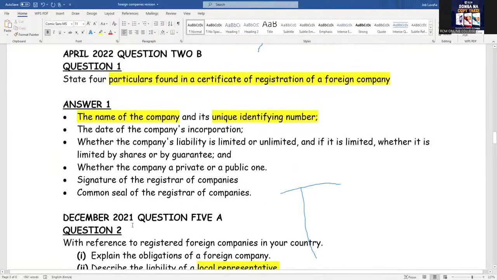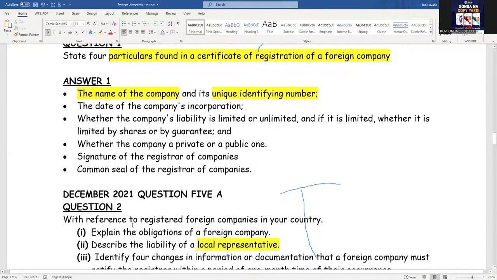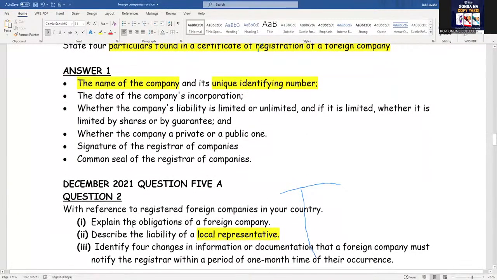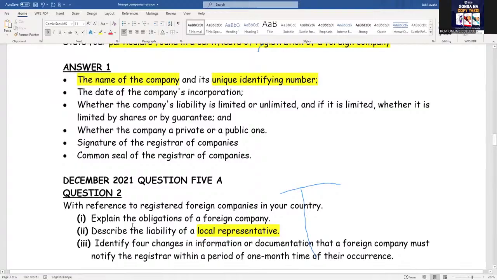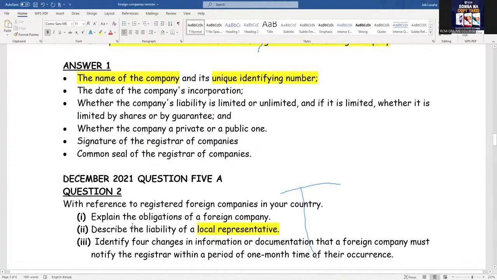With reference to registered foreign companies in your country, explain the obligations of a foreign company, describe the liability of a local representative, then identify 4 changes in information or documentation that a foreign company must notify the registrar of within a period of 1 month of their occurrence.